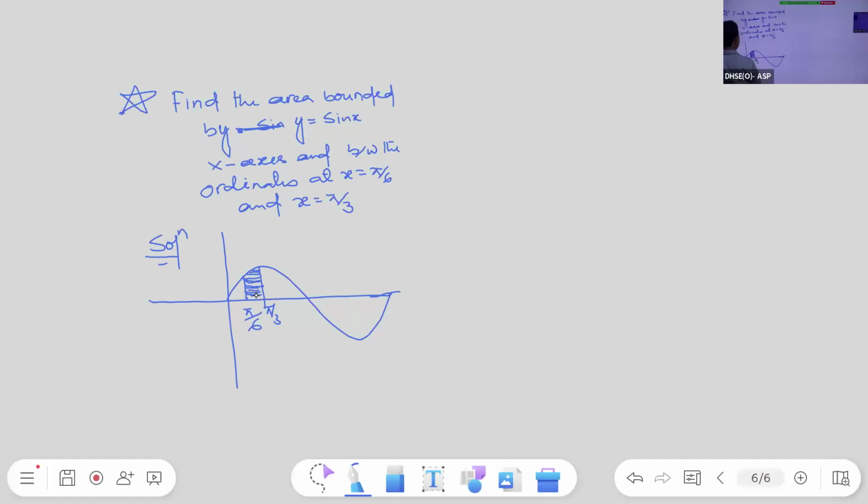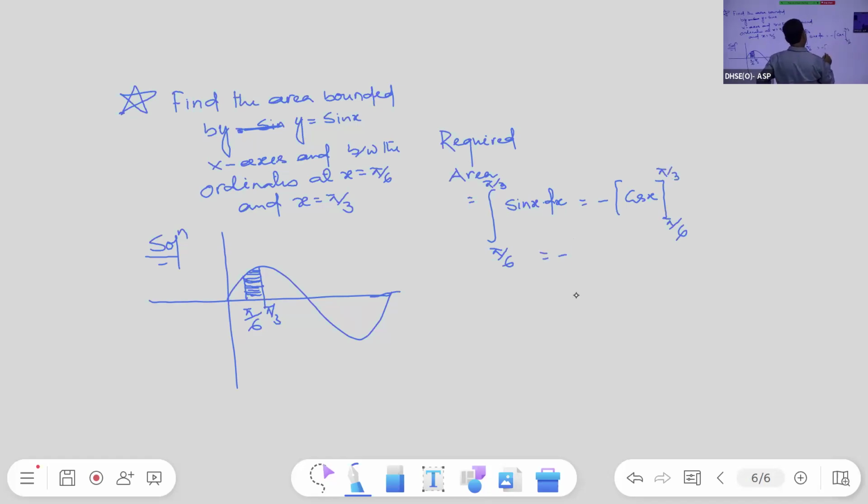So required area is equal to integral pi over 6 to pi over 3 sin x dx. The indefinite integral of sin x is minus cos x, and it will be evaluated between the limits pi over 6 to pi over 3.